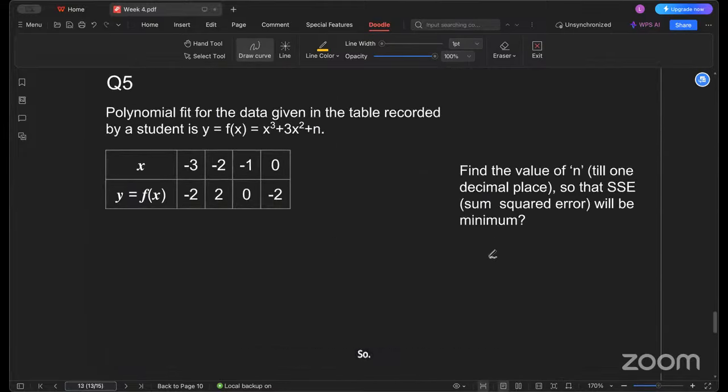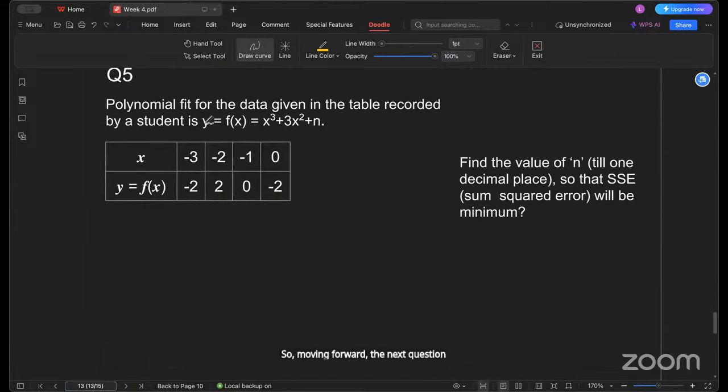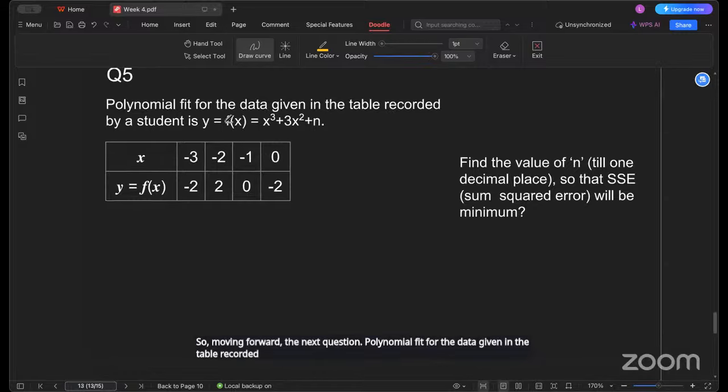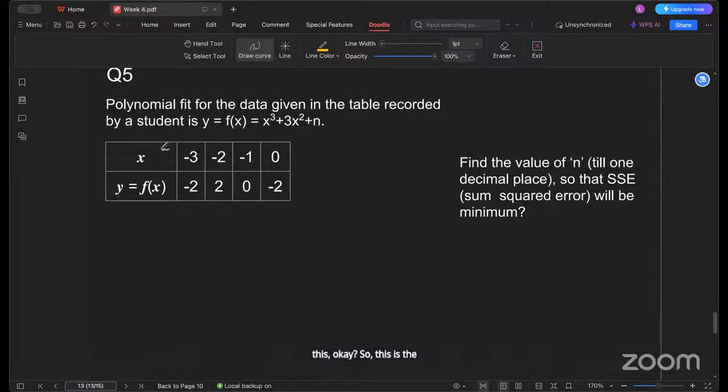So moving forward, the next question: the polynomial fit for the data given in the table recorded by a student is this. So this is the polynomial and here are some observed values. Find the value of n so that SSE, sum squared error, will be minimum. So how do you calculate the sum squared error?